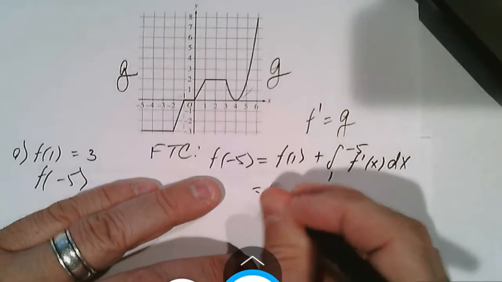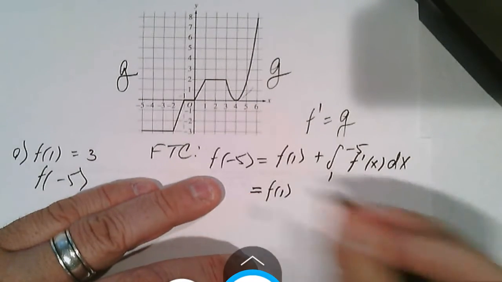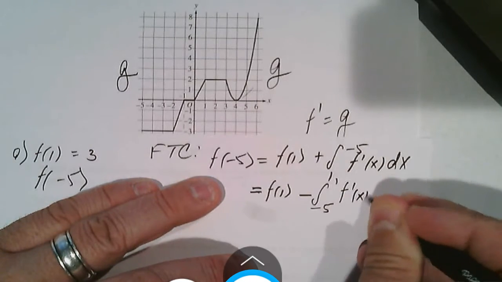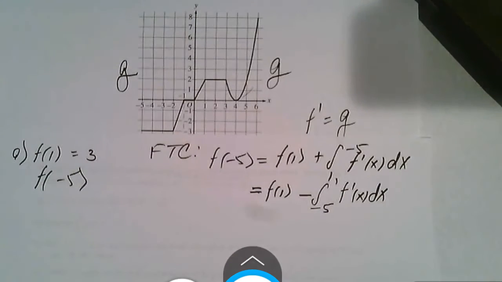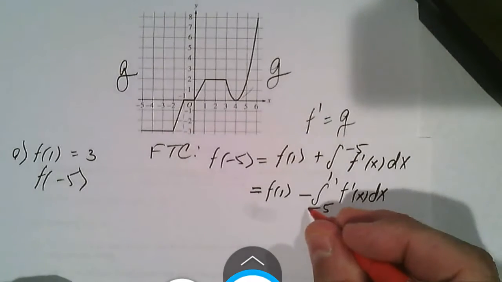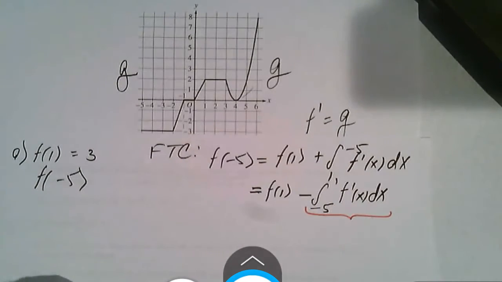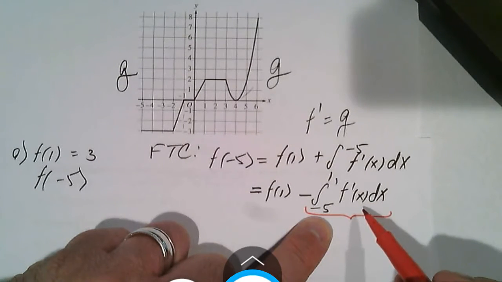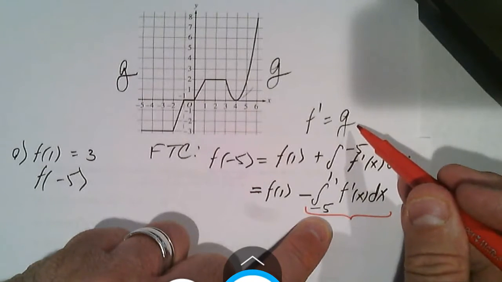So I can write this as f of 1 minus the integral from -5 to 1 of f prime of x dx. I'm being asked to find the area from -5 to 1 under the curve f prime of x. You might say, but wait, I don't know what the graph of f prime of x looks like. Yes, you do. We knew from earlier that f prime and g are the same thing.